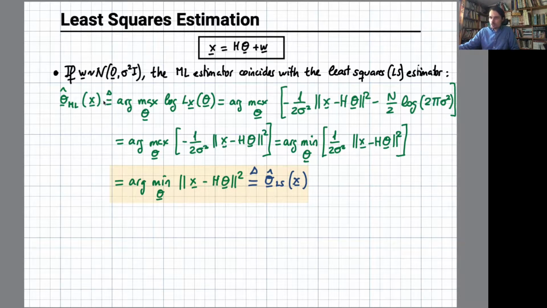So the ML estimator equals this expression under the assumptions of the previous slide, right? So W has to be Gaussian, for example. However, the least squares estimator is always given by this, right? And its closed form expression is, as we wrote in the previous slide, (H transpose H) inverse H transpose x, okay?